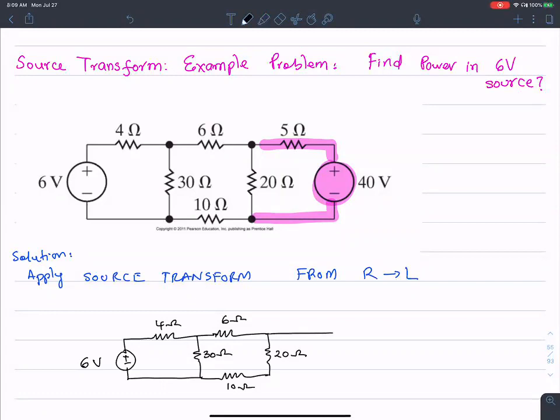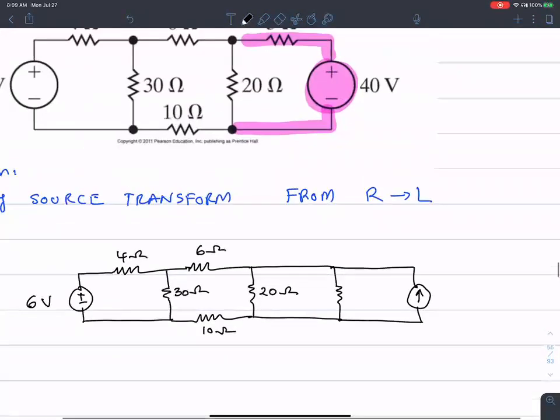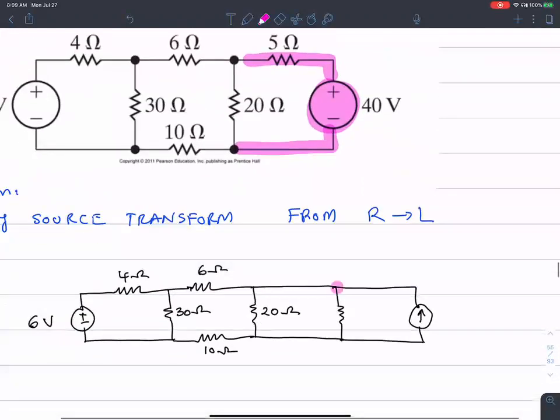I'm going to apply source transform to convert this into a current source with a parallel resistance. Okay, so in other words, this one is still 5 ohms. Now I have a new current here, I, whose value is obtained by dividing the voltage source by the resistance. Remember the source transform? Let me go back.